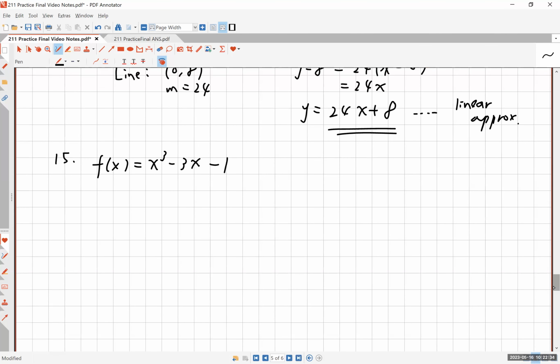Okay, for this function below, find all local extrema and inflection point or points, if there are any. Find the intervals where the function is increasing and or decreasing, and graph the function.